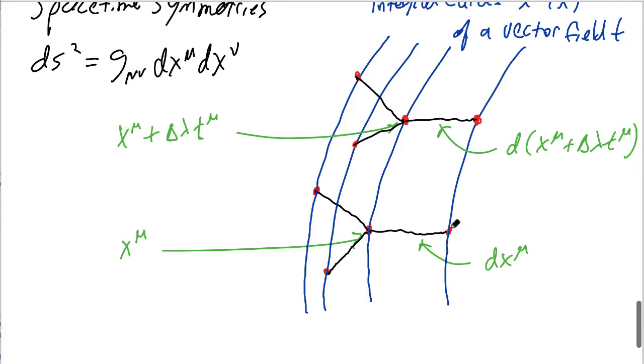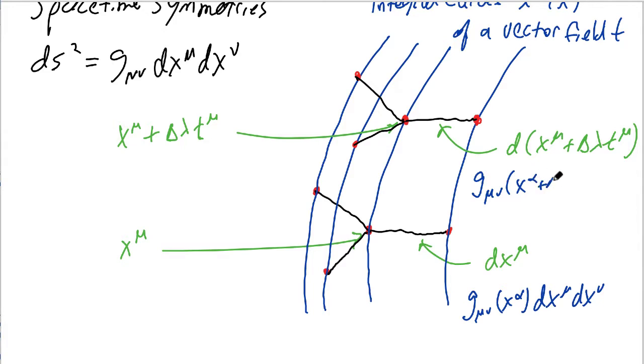these 2 points. Now the proper distance between these 2 points is, well, the square of the proper distance is g mu nu at point x, let's call that x alpha, times dx mu times dx nu. The square of the proper distance between these 2 points is g mu nu at the point x, let's give it the index alpha, plus delta lambda t alpha times dx mu plus delta lambda t mu times dx nu plus delta lambda t nu.